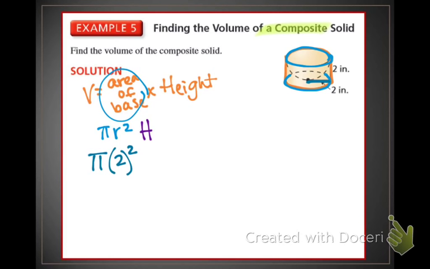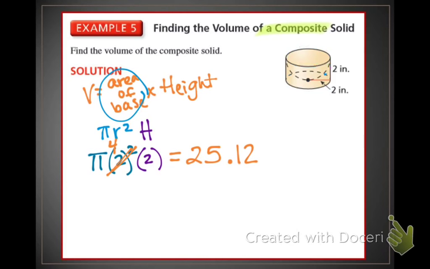And the height of the whole cylinder is also 2, so times 2. So we're going to type all this in our calculator. 3.14 times 2 squared is 4. So times 4 times 2. And the overall volume would be 25.12. So if none of this were taken out or cut out, the answer would be 25.12.